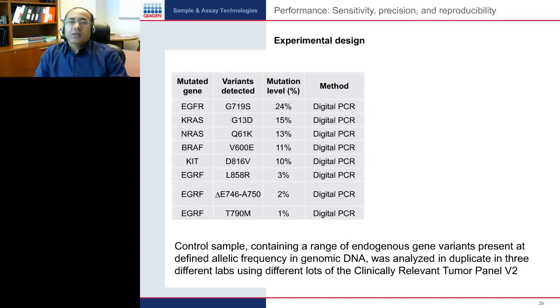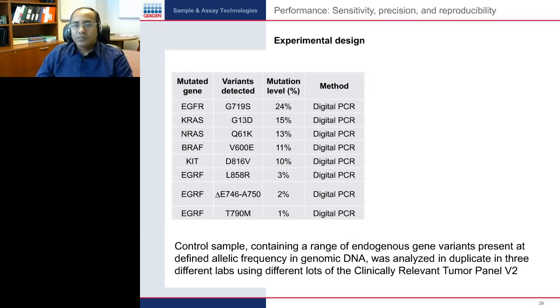This shows that our targeted panels have very good accuracy as well as reproducibility when we are talking about detecting mutations at more than or equal to 8% or 10%.